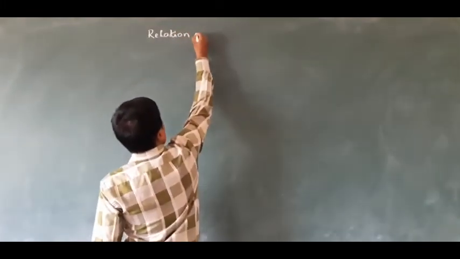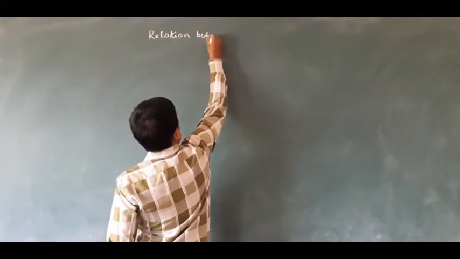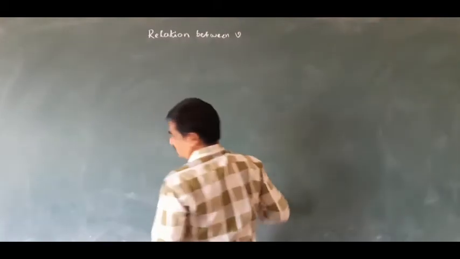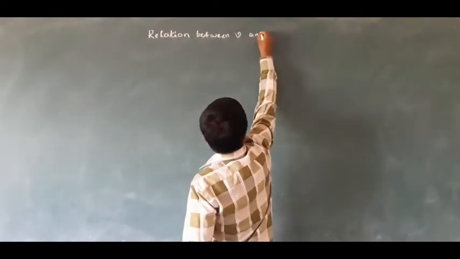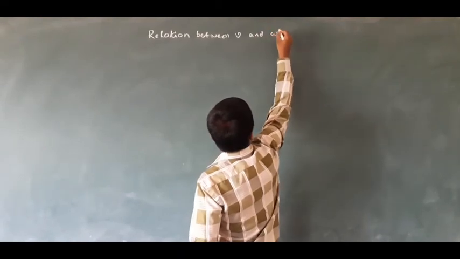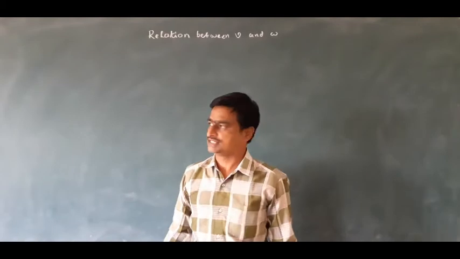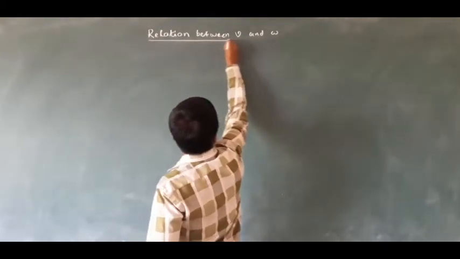We see the relation between linear velocity and what we call omega. It is called angular velocity. In today's class, we see this relation.